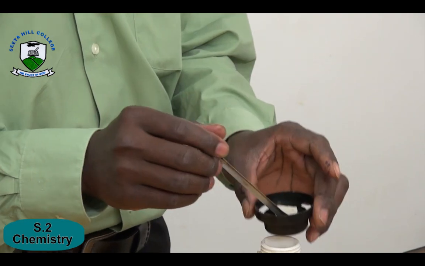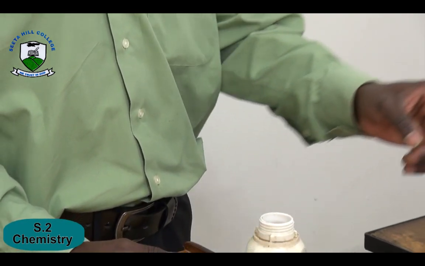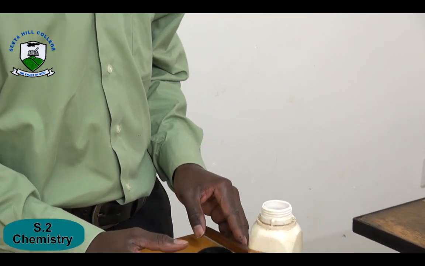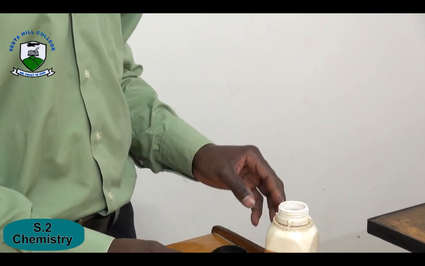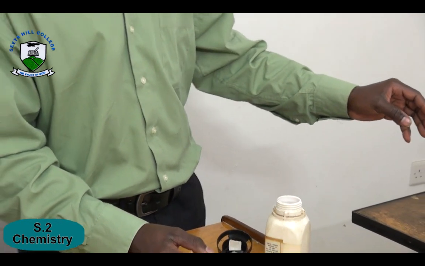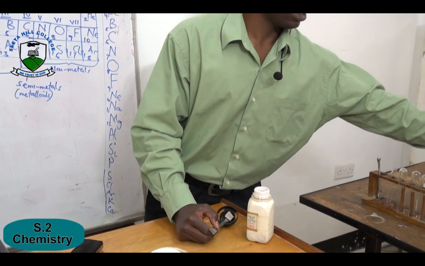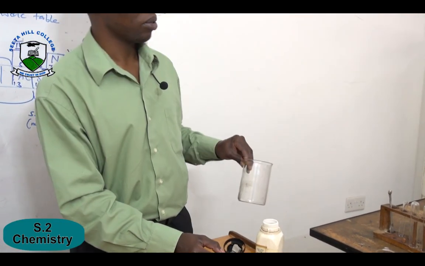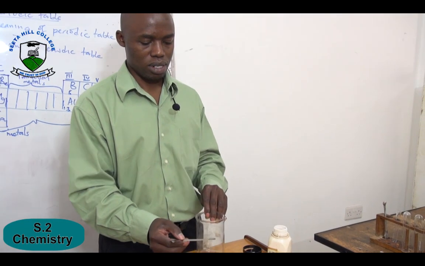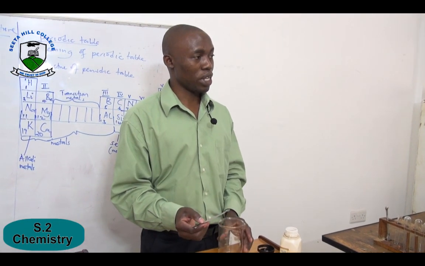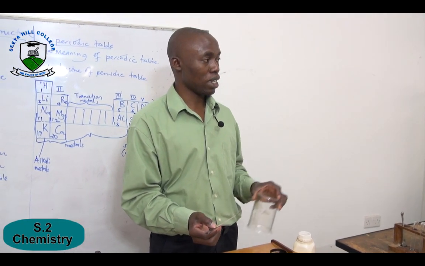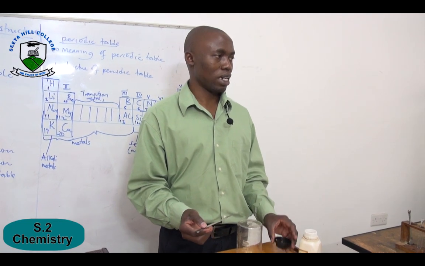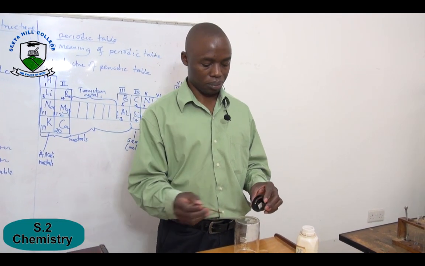Now, did you believe that metals could be cut by a knife? Can you cut these things with a knife? But there are some weak metals that can be cut by a knife, and they are under which group there?